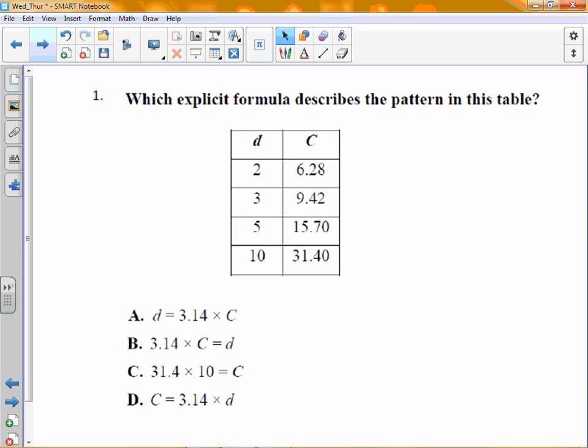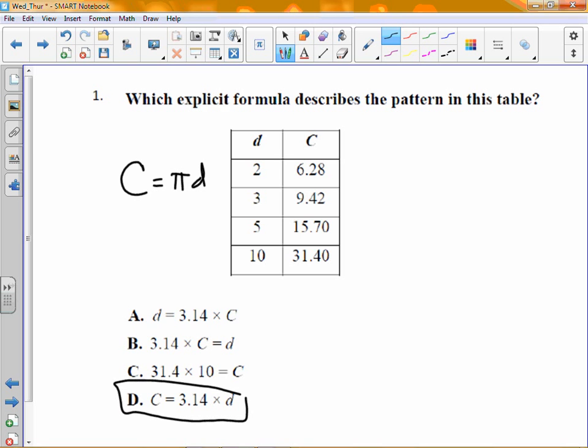So in other words, in which of these formulas can you plug in D and get, in which of these ones can you plug D into for 2? 2 times 3.14 is, so the one of these that's written like that is D. C equals 3.14 times that. It's just D stands for diameter. Guys, it's the same formula.